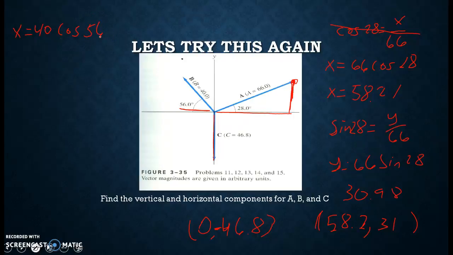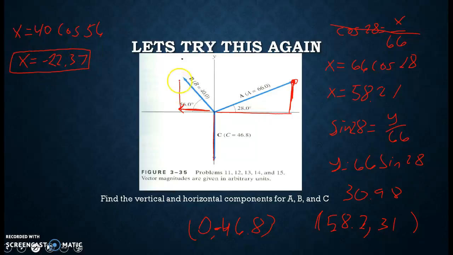And if I take 40 times the cosine of 56 degrees, that gives me 22.37 if I round up. But I'm going to say that it is negative 22.37 because I want to give it the direction, which is to the left. It has to be a negative value because I want my x to be a negative number. So the x value is negative 22.37.